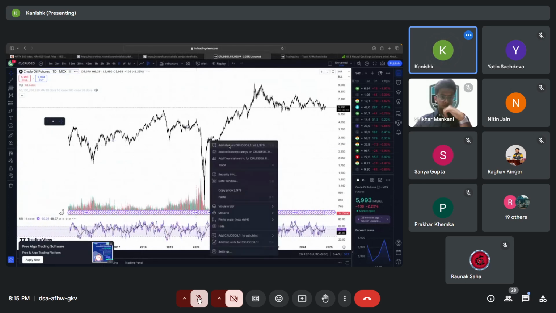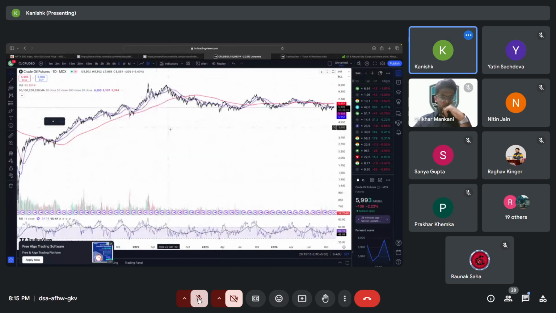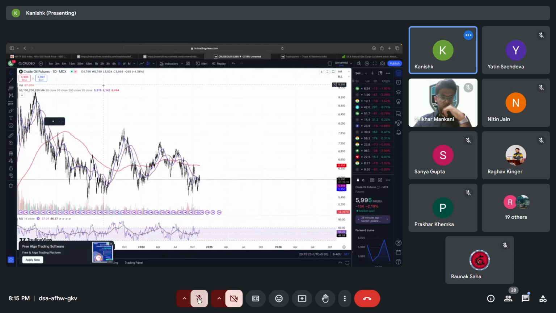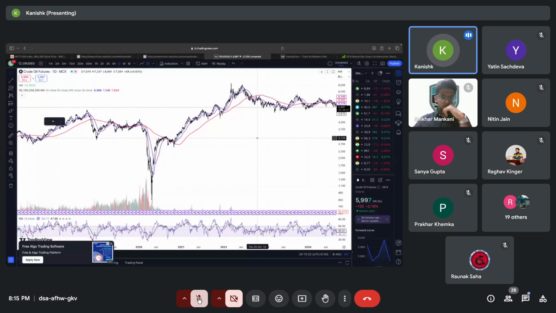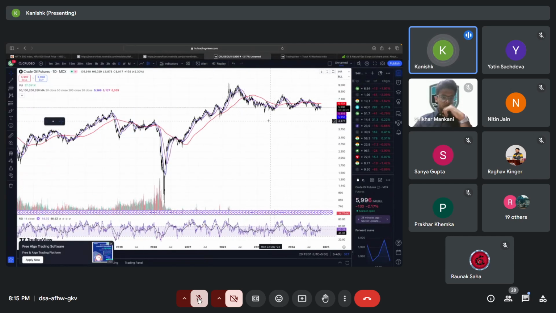See, the crude chart is in a heavy consolidation zone, and I don't think that in the very near term crude oil prices can go up, because this is a very heavy consolidation zone, and it will take a lot of time to break out of it. In the meanwhile, ONGC will also settle its valuations, and after that the rally can propel.